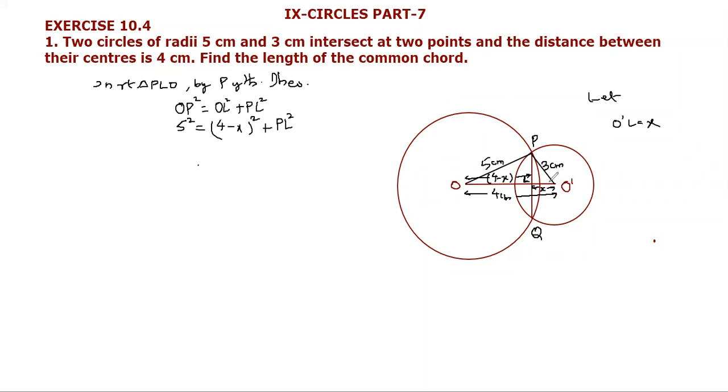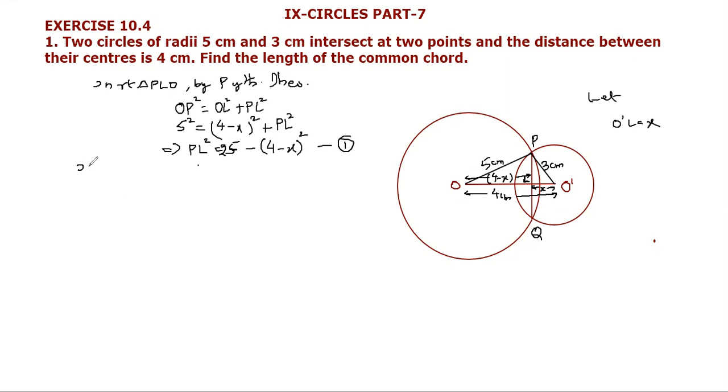So once you get the PL, you can multiply by 2 to get the PQ, because the perpendicular from the center to the chord bisects the chord. So from this equation we get the value of PL square as 25 minus 4 minus X whole square. This is your equation number 1.